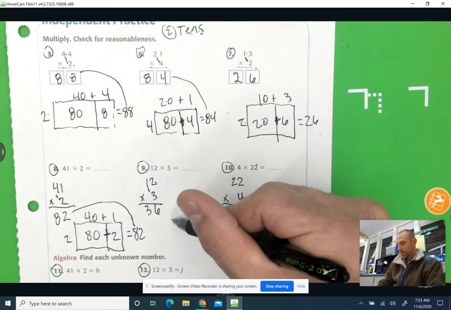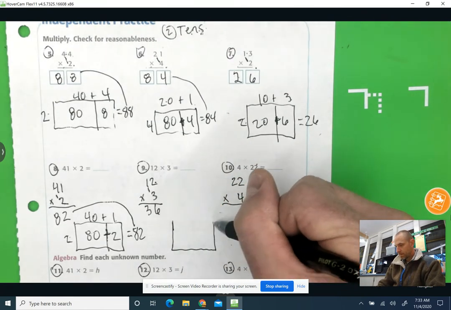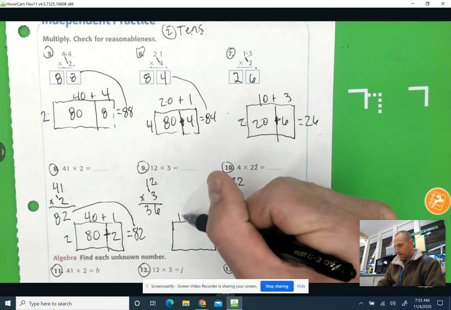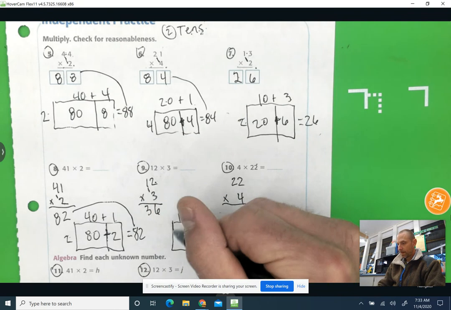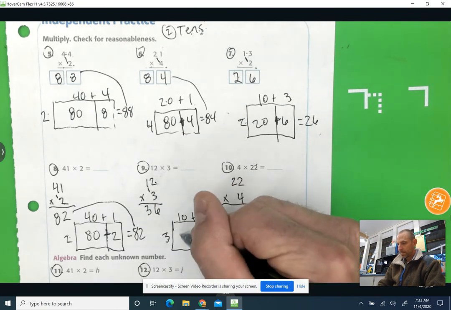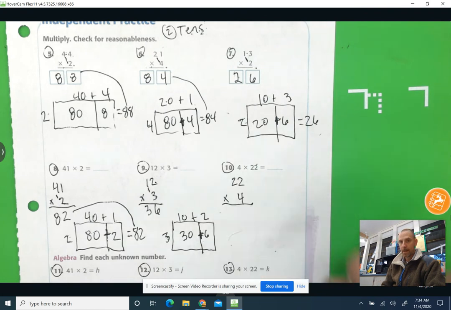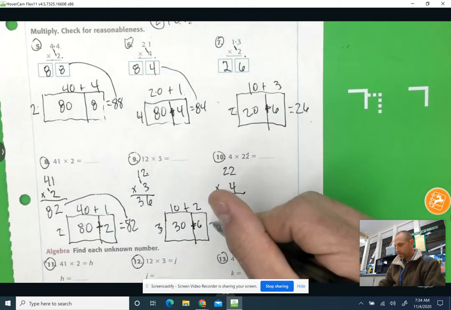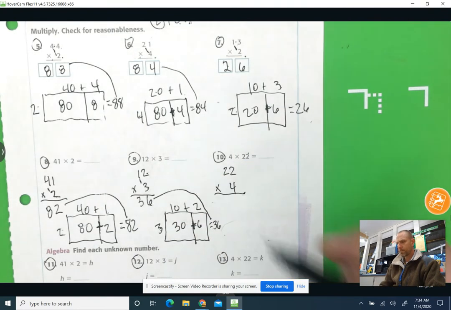Check for reasonableness. Got 10 plus 2. Got 3. 3 times 10, 30. 3 times 2, 6. Add them together. You got 36. Check for reasonableness.